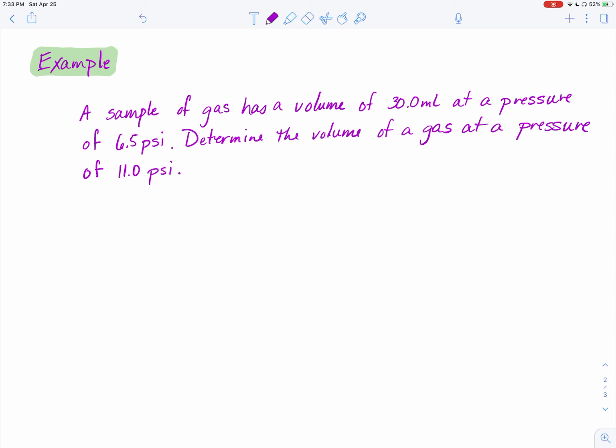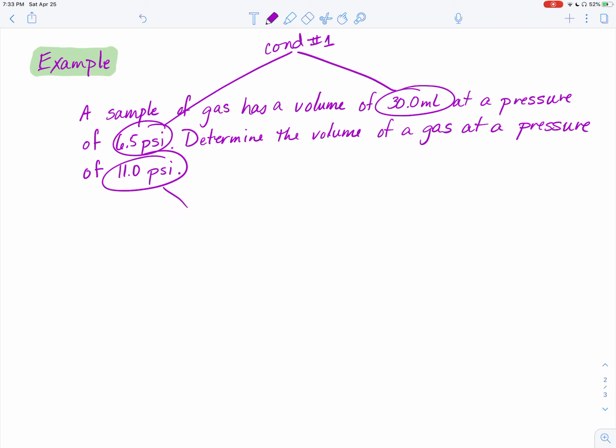Let's use this equation to solve our problem. It says a sample of gas has a volume of 30.0 milliliters at a pressure of 6.5 psi. That means 30.0 milliliters and 6.5 psi are condition number 1. Then it says determine the volume of a gas at a pressure of 11.0 psi.